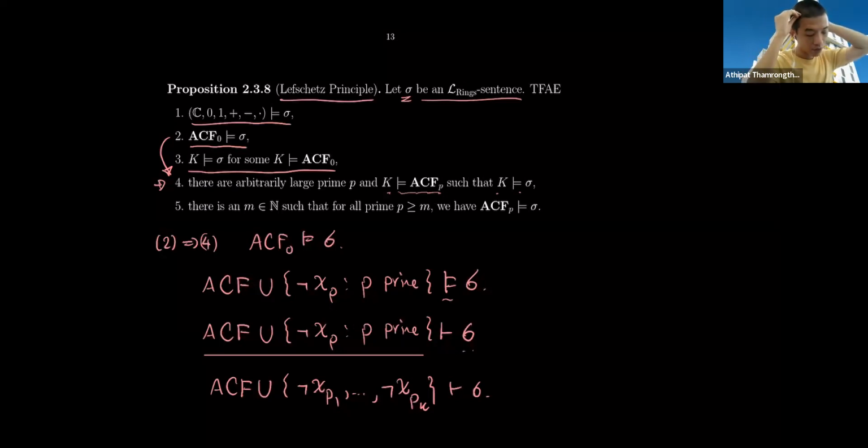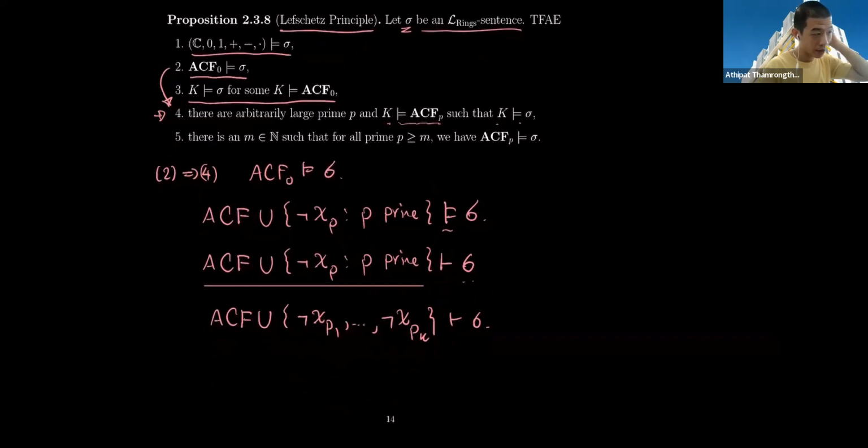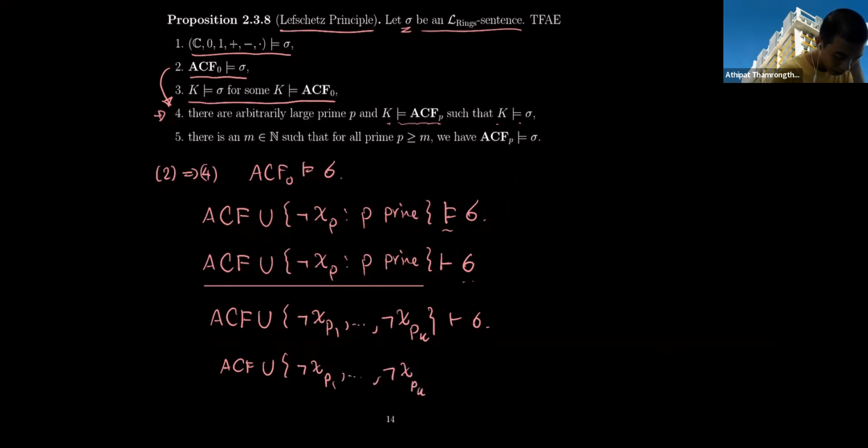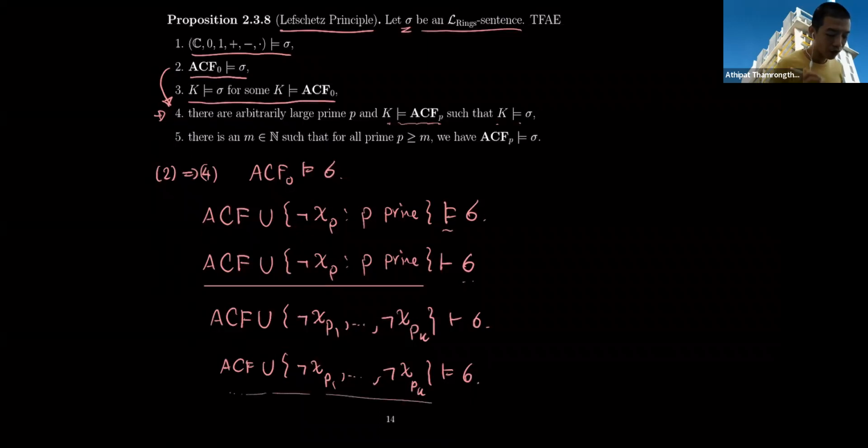What does this mean? It means that ACF union not chi p1 up to not chi pk satisfies sigma, which means that if I have a model of this, it must be a model of sigma.